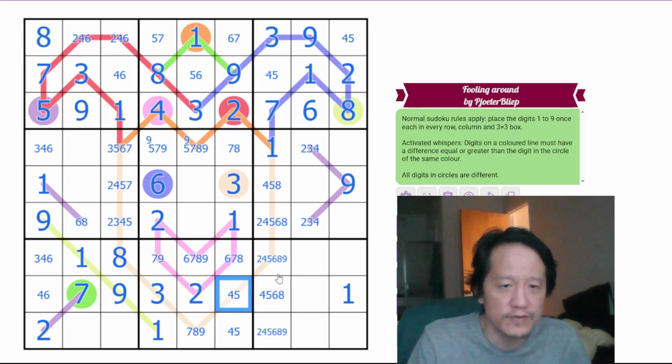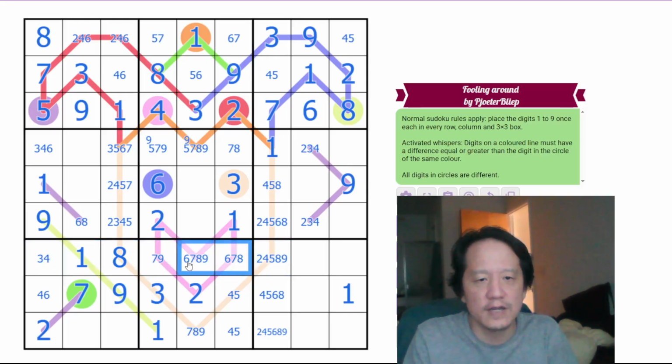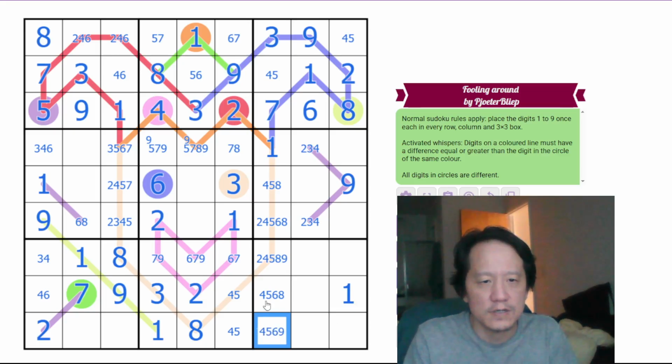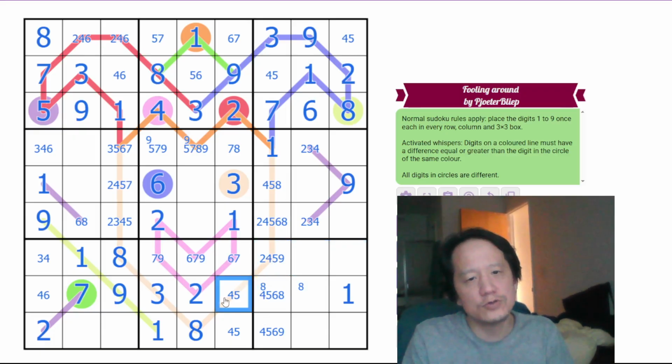4, 5. This can't be 6. This can't be 6 because the 6 has to be one of these digits. This can't be 8, actually. Therefore, that forces this to be 8 here, which means this can't be 2 or 8. 8 has to be one of these 2 digits here, because 8 cannot be in the rest of that box. 2 cannot be... Well, 2 could be here, actually.